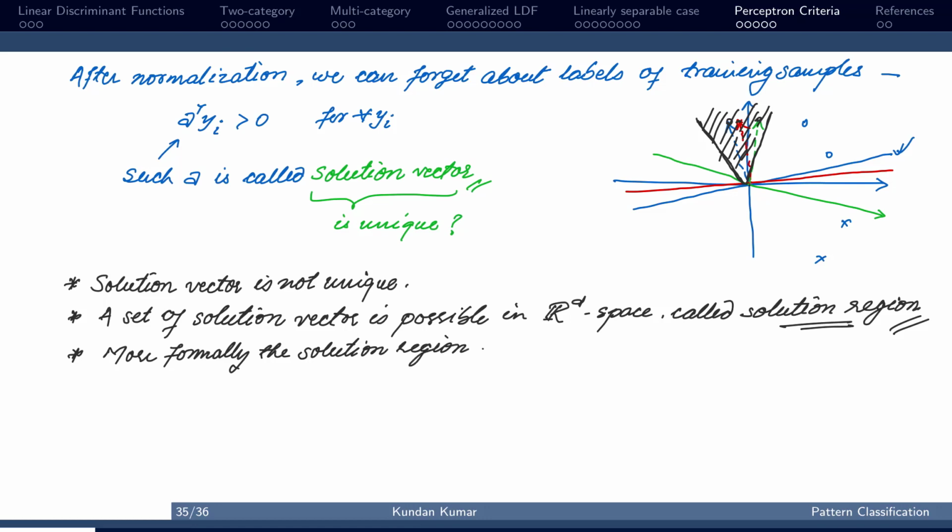solution region is defined as a set of all weight vectors which will satisfy a transpose yi greater than 0 for all i from 1 to n.